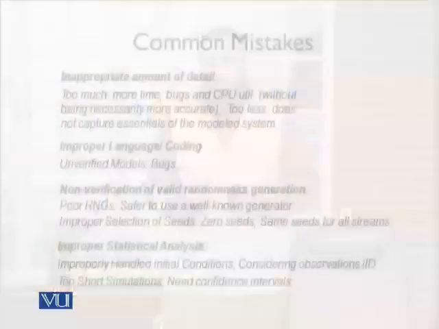So we must choose a good random number generating method and also choose the right seed for that method. And also the various streams must have independence. We don't want correlation amongst the random numbers, because that can lead to invalid conclusions from the simulation study.